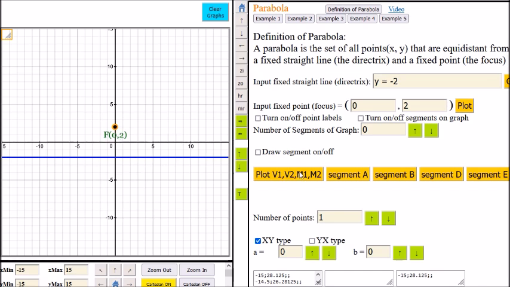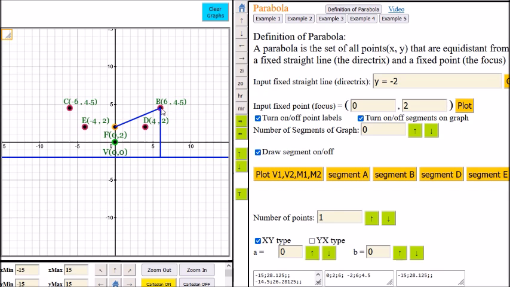So for example, here are 5 points. Let's take this point, where x is 6 and y is 4.5.